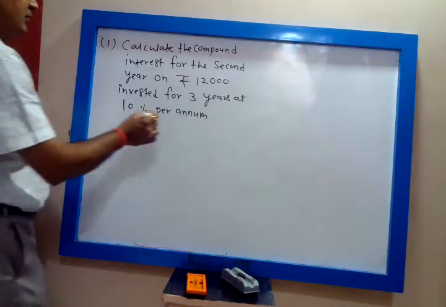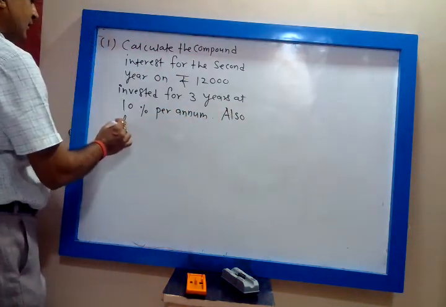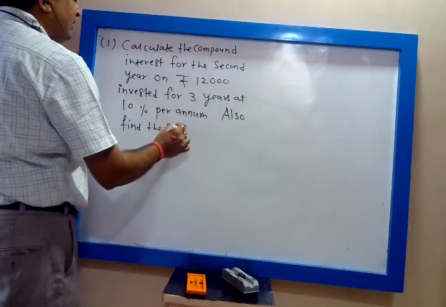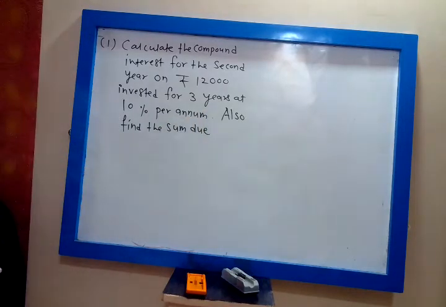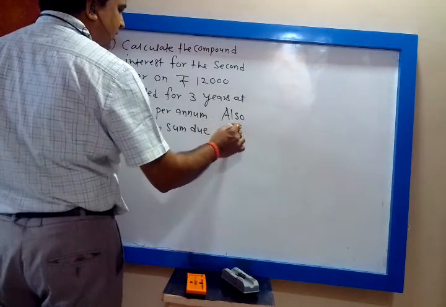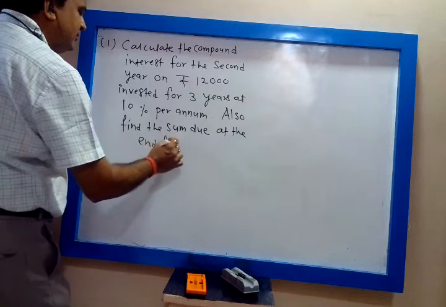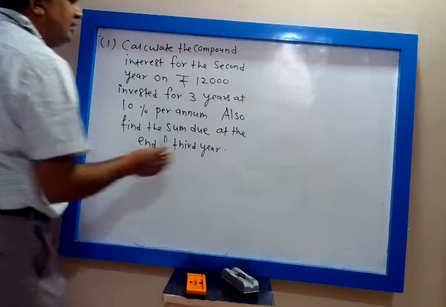Also find the sum due at the end of third year. Board is clear or not? You tell me so that I can find some other way. Also find the sum due at the end of third year. Board is not clear? Do not hesitate. You tell me.